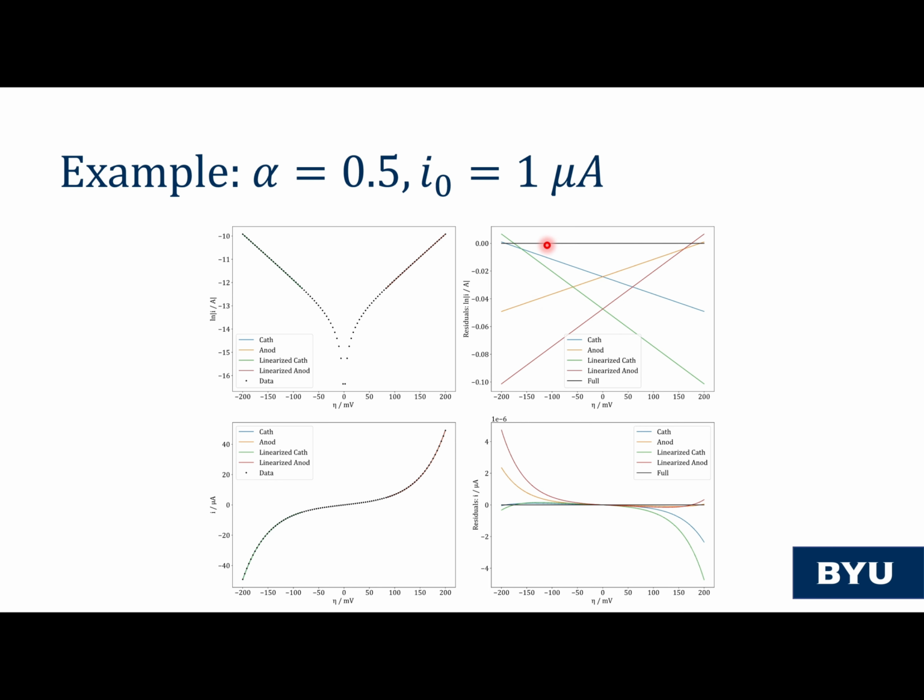So as you can see, for residuals, what we're looking for is if your residuals are equal to 0, well, then that would indicate that there's no difference between your data and your fitted expression. So your predictions are right on. And what you'll see here is that we go from linearized data to non-linearized data to just fitting the full Butler-Volmer expression.